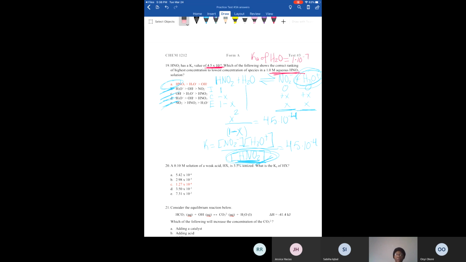So the more favorable reaction is going to be HNO2 going to NO2 minus and H3O plus. It's going to want to dissociate more because it's a stronger acid. So compare Ka values. A greater Ka value means it's the acid, and water is 1 times 10 to the negative 7. Hope that's a better explanation. That helped.